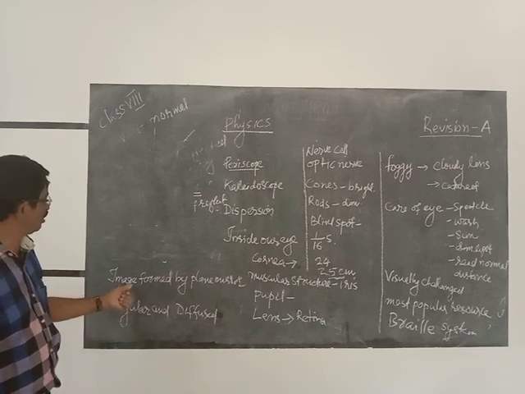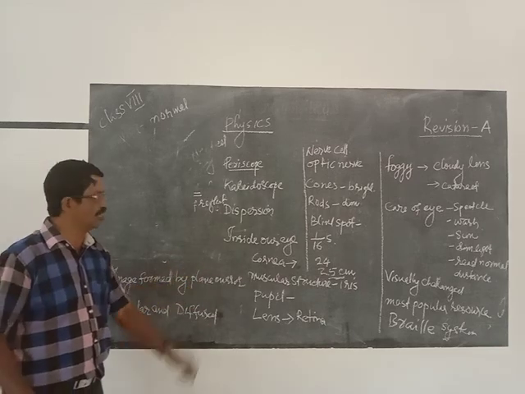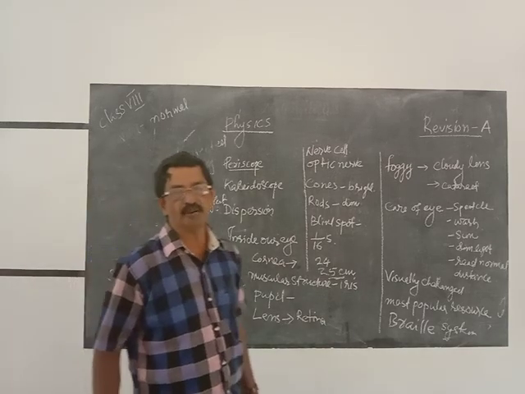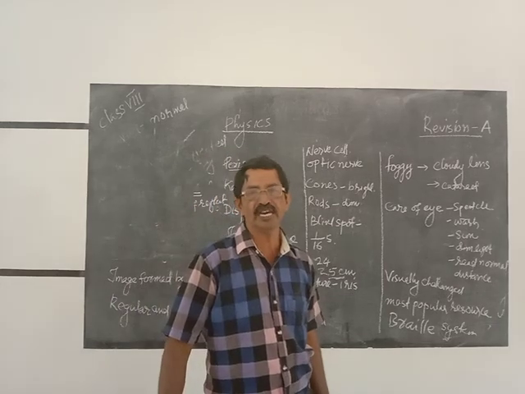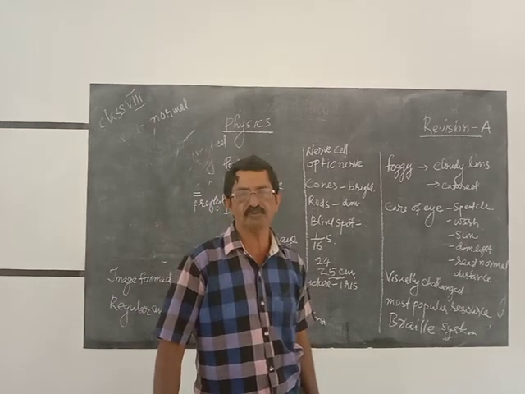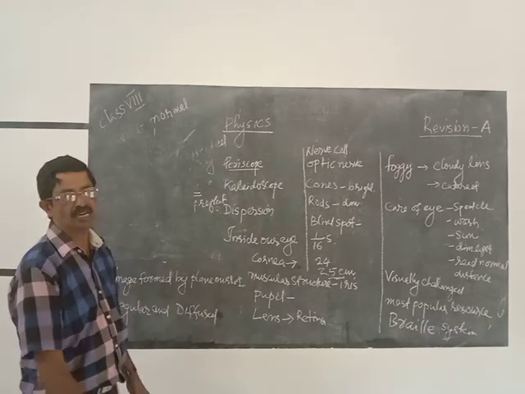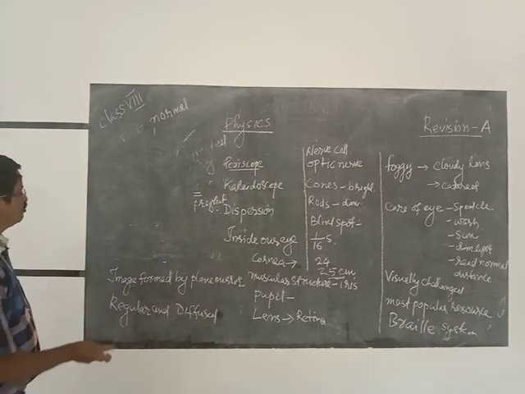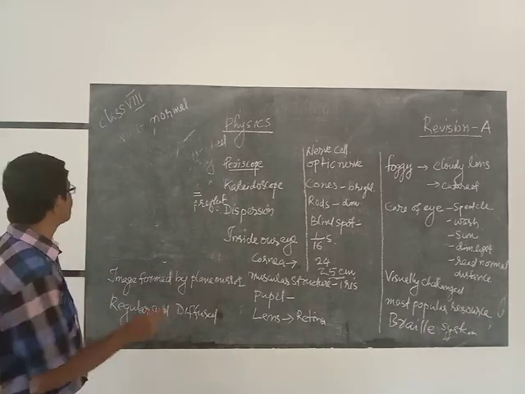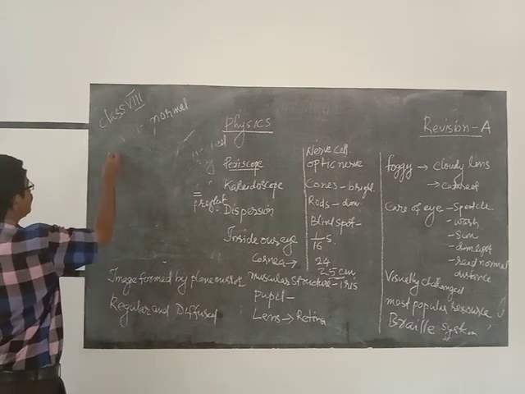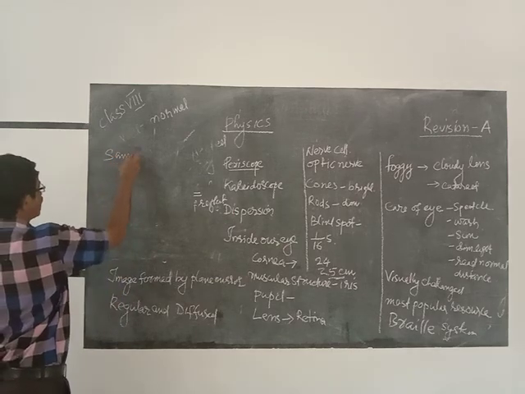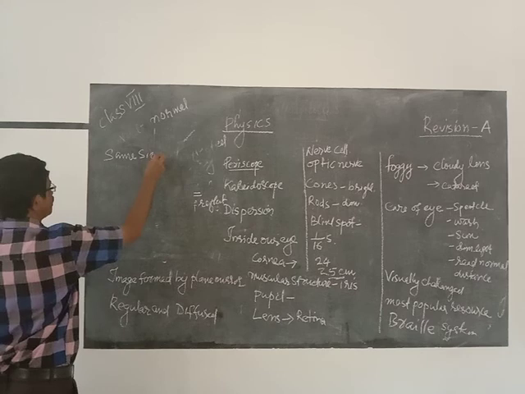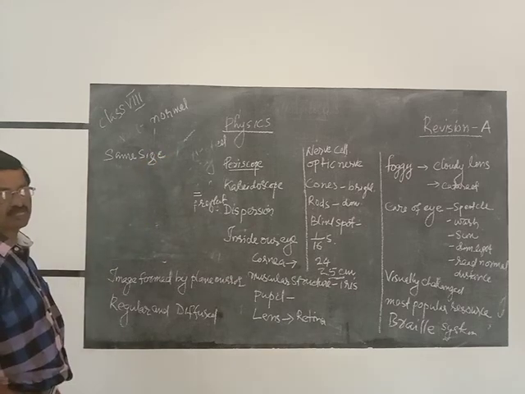Can you remember the image formed by a plane mirror? What are the properties of the image formed by a plane mirror? The image formed by a plane mirror is always the same size as the object, a same-size image.